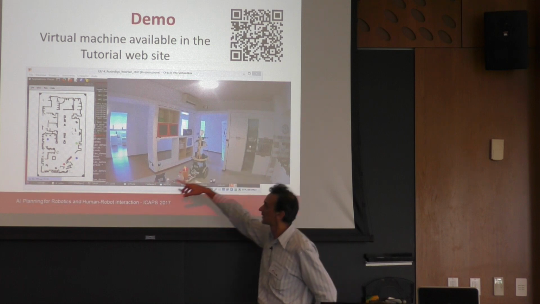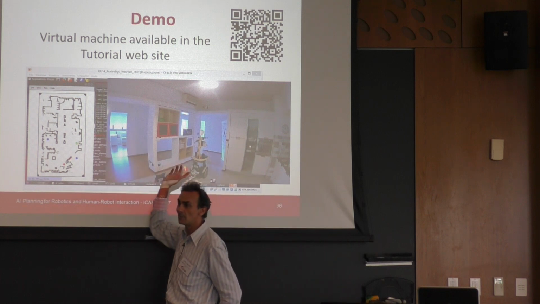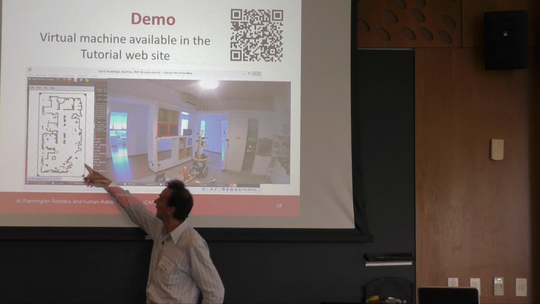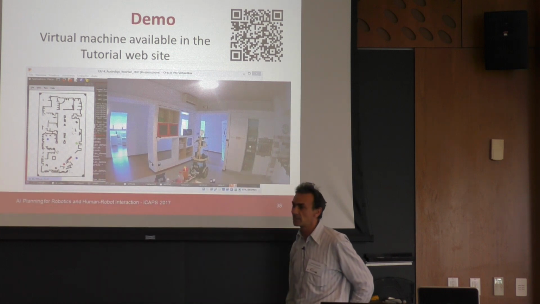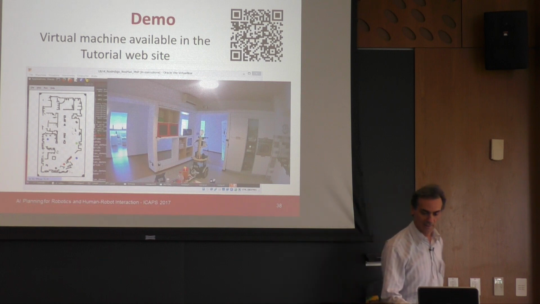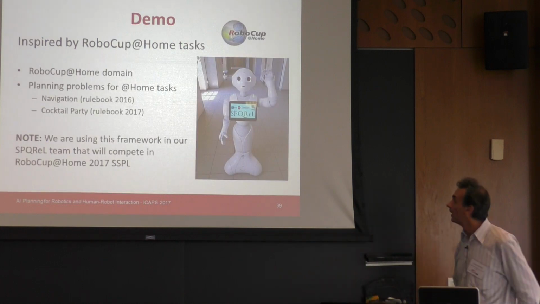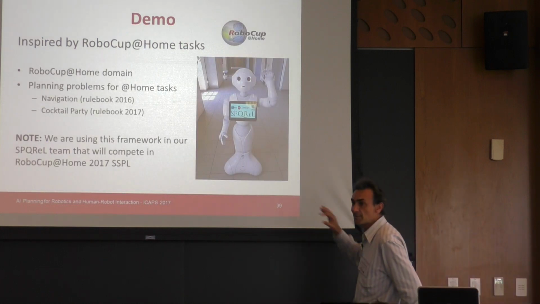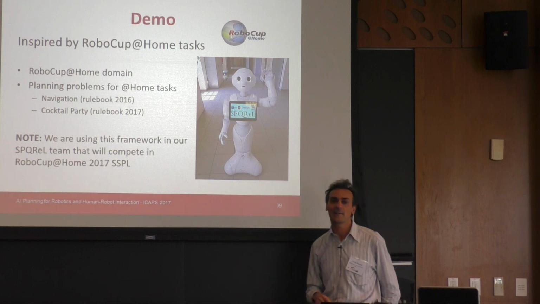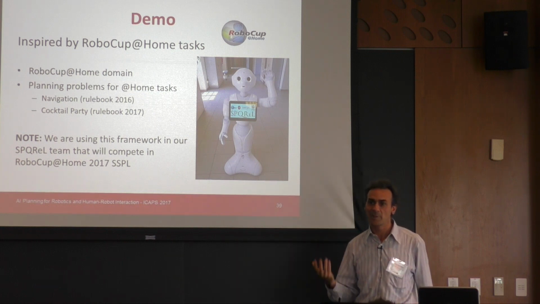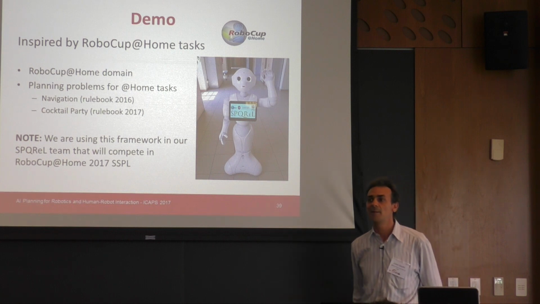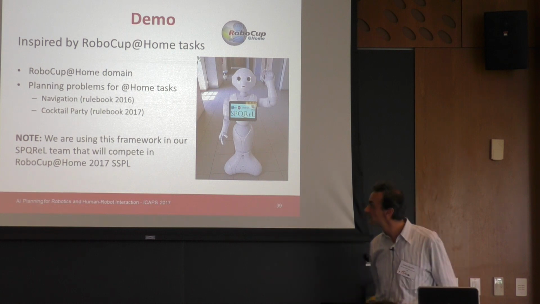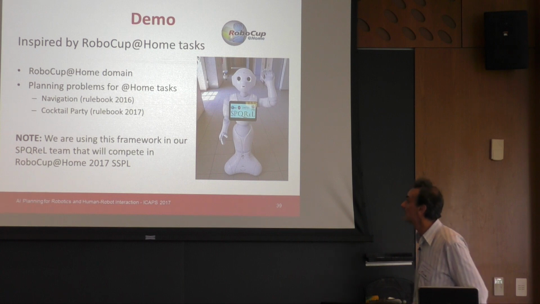So this is exactly the map of the environment, and this simulated robot simulates this robot that is doing some tasks in this environment. And the tasks that we have chosen here are not invented by ourselves, but we try to really do some exercise of using planning for tasks that we are interested in.